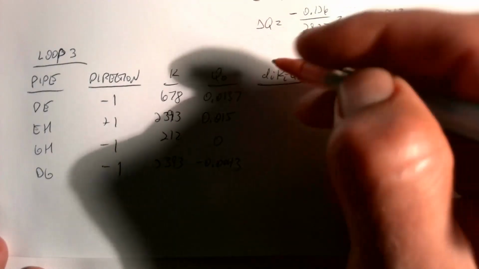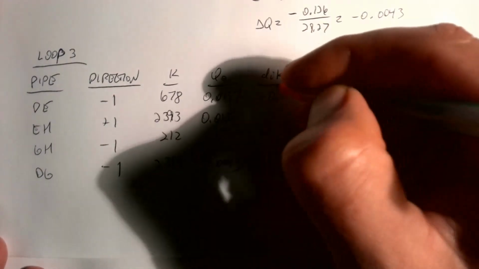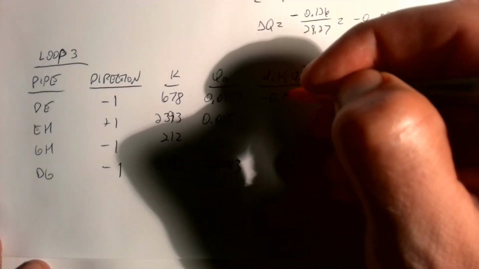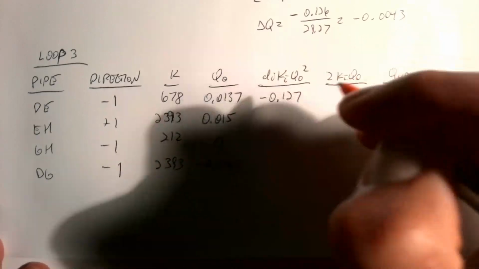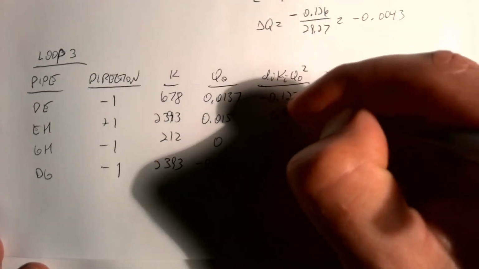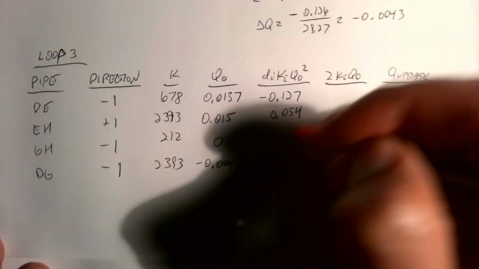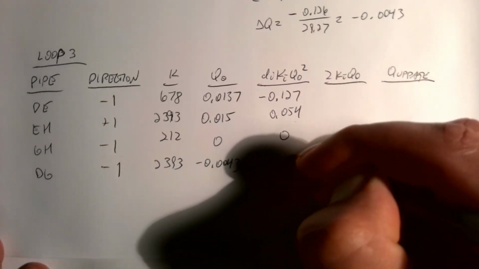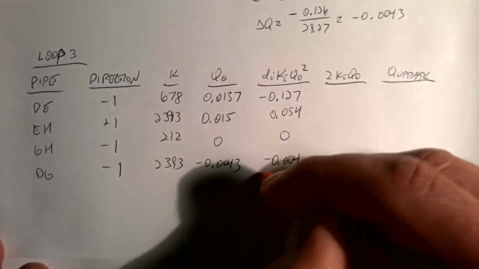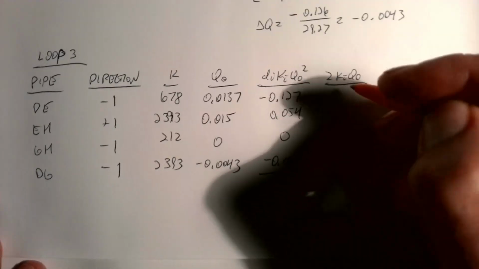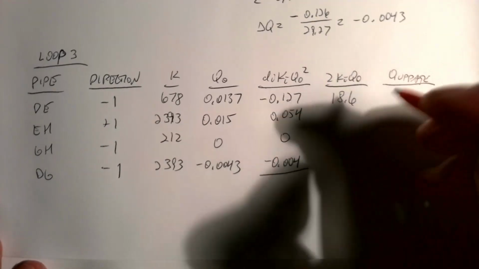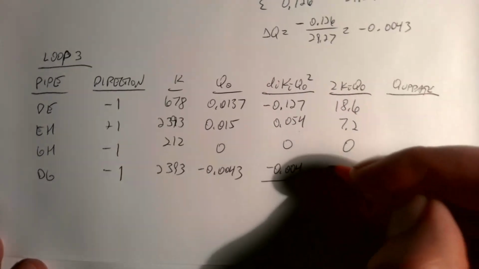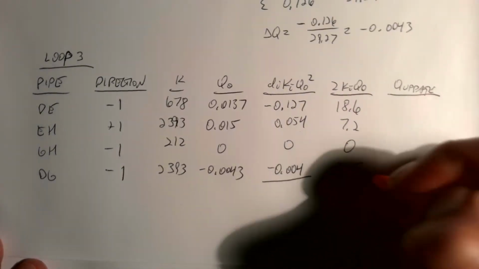So negative 0.127, 0.054, 0, and negative 0.004, and then 18.6, 7.2, 0, and negative 2.05.